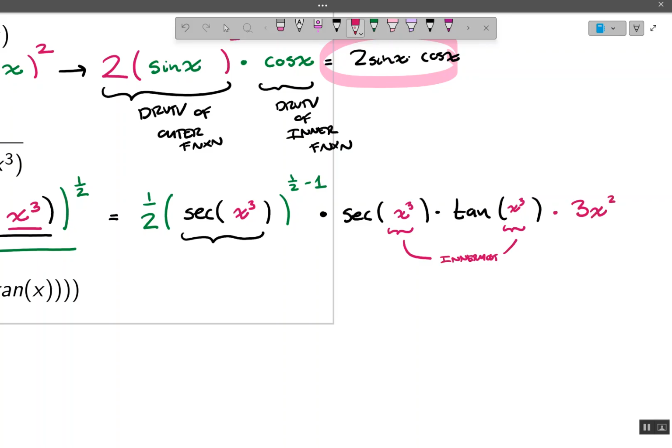So you can leave your, well, I guess we can simplify further. Okay, so we have 1/2 times secant of x cubed to the negative 1/2 times secant of x cubed times tangent of x cubed times 3x squared.